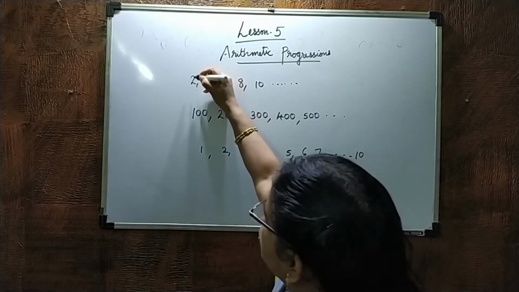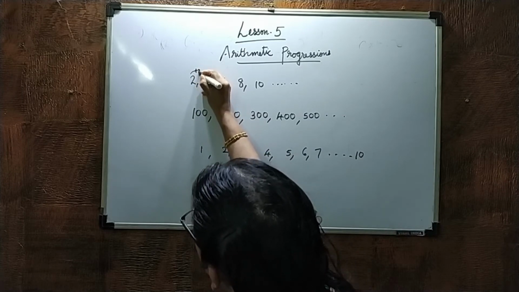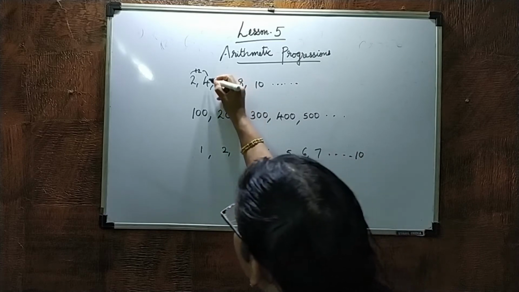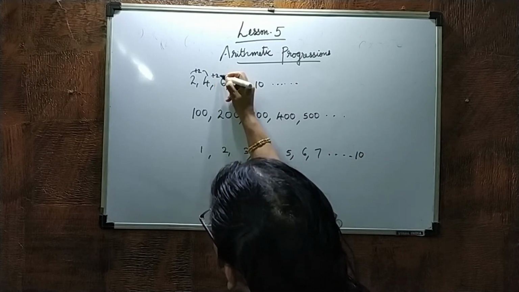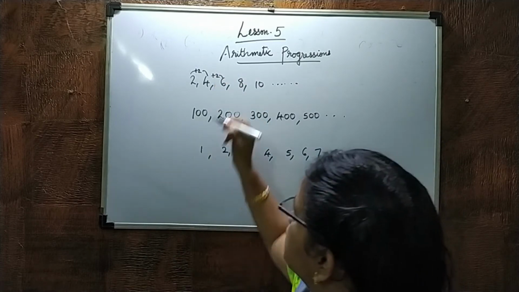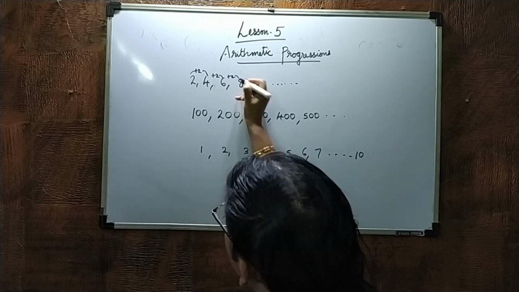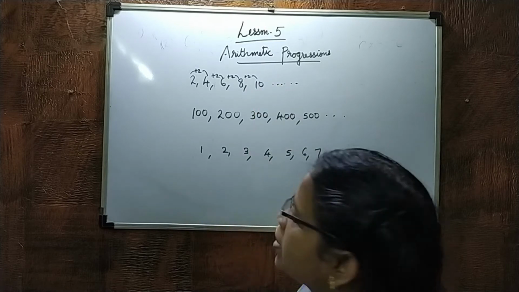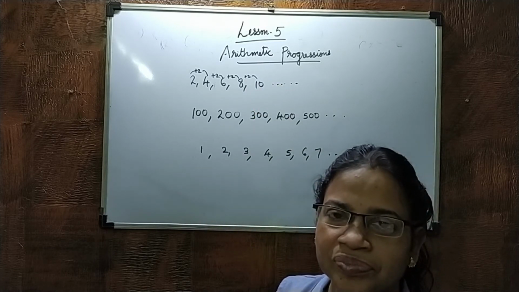Now look, 2 plus 2 you will get 4. Then 4 plus 2 you will get 6. 6 plus 2 you will get 8. 8 plus 2 you will get 10. Clear?